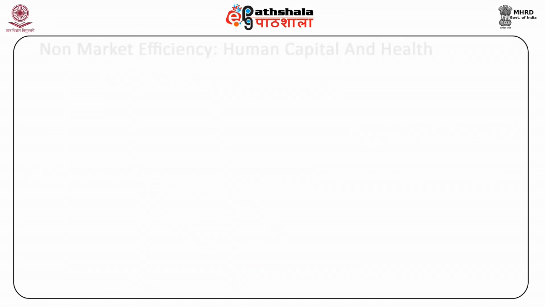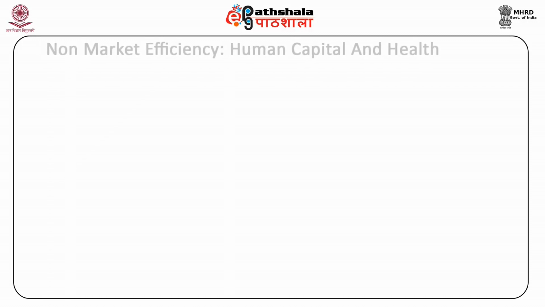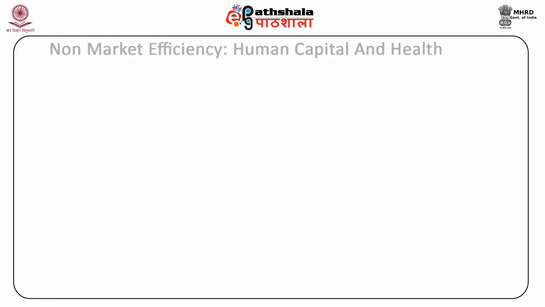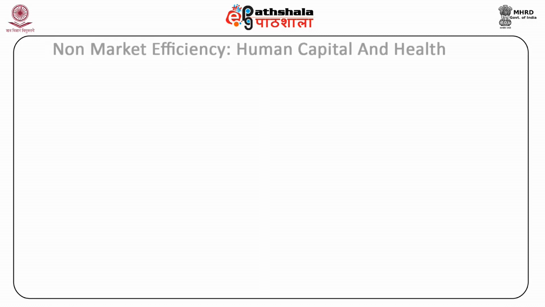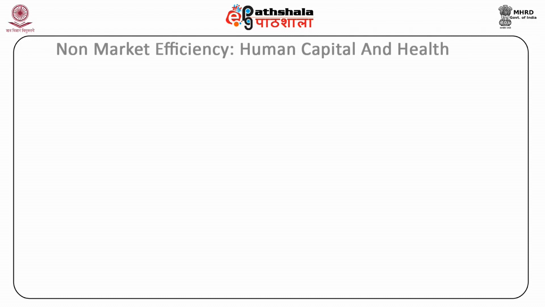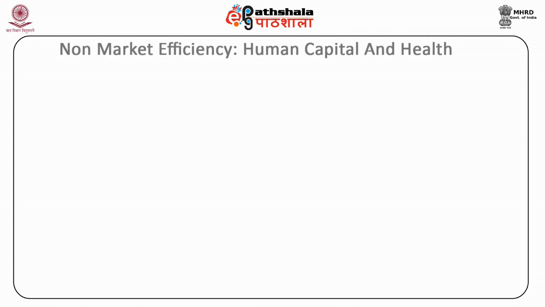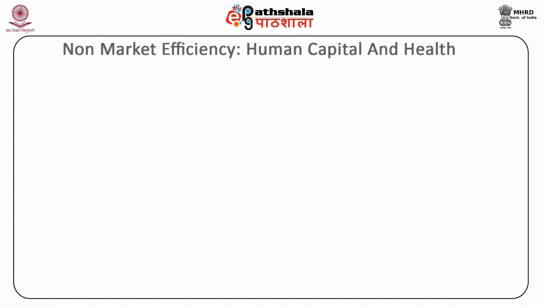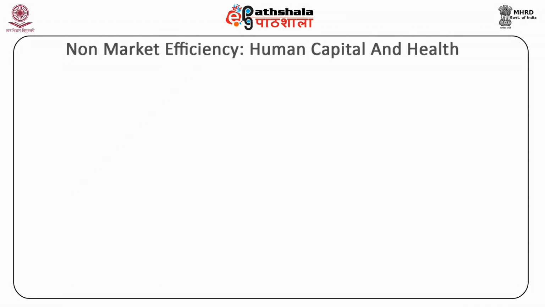Non-market efficiency, human capital and health. In this section, we will study the impact of education to test the claim that more educated individuals are efficient producers of earnings. That is, education increases non-market productivity.